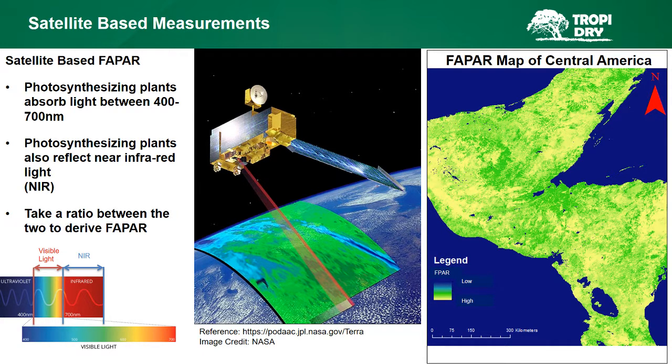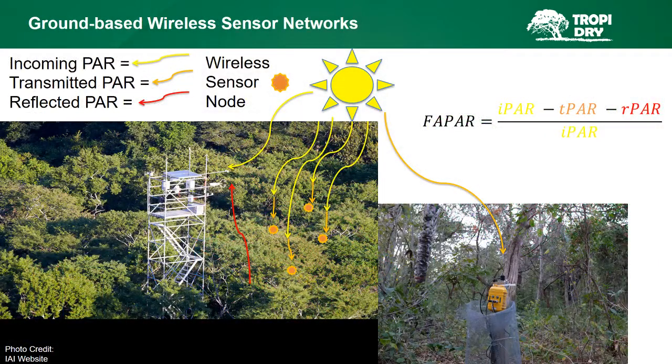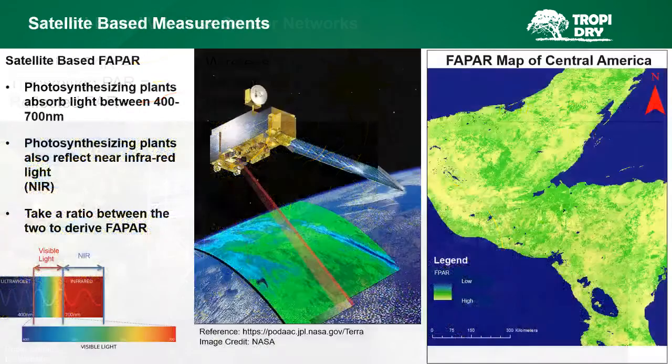And so it's really a lot more theoretical using the satellite's FAPAR than if you use these ground truth sites' FAPAR, because you know that this is exactly what you're getting at this period of time.